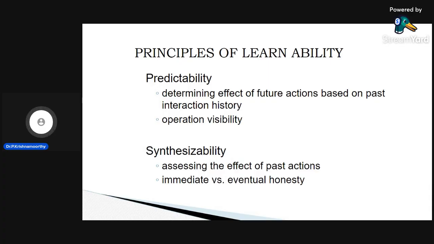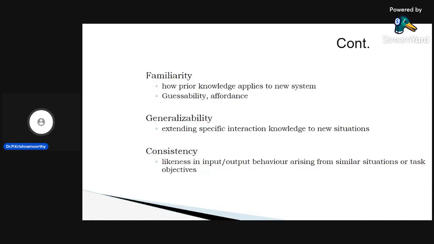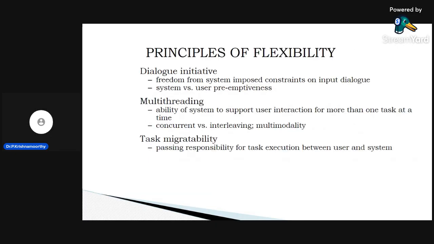Also familiarity, generalizability, and consistency: how prior knowledge applies to a new system. Generalizability is extending specific interaction knowledge to new situations. Consistency is likeness in input-output behavior arising from similar situations or task objectives.